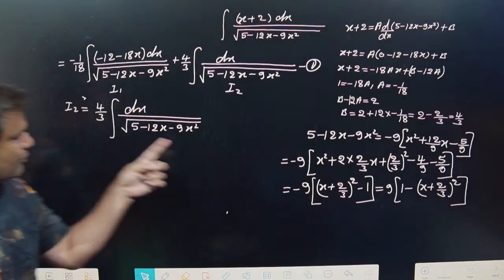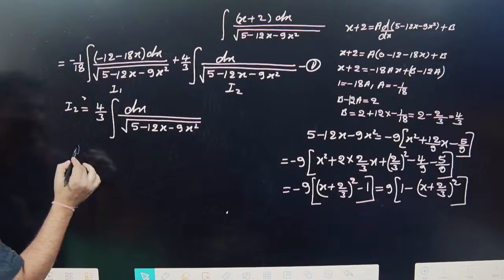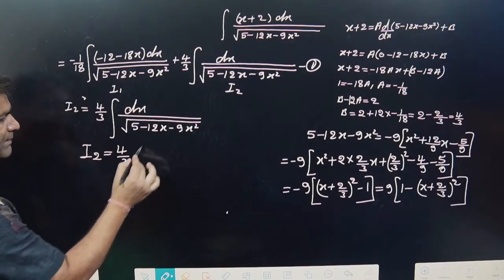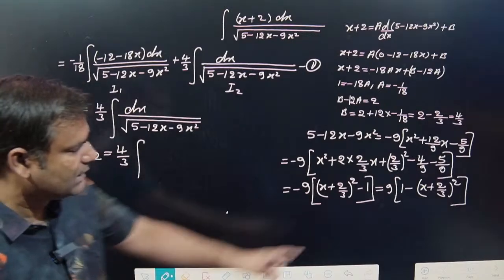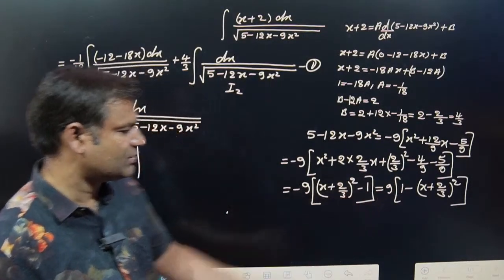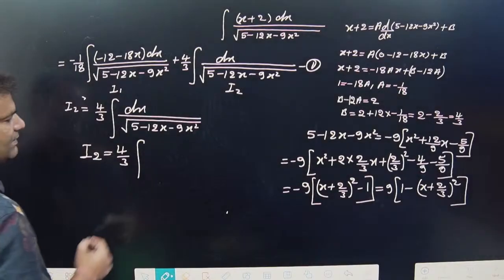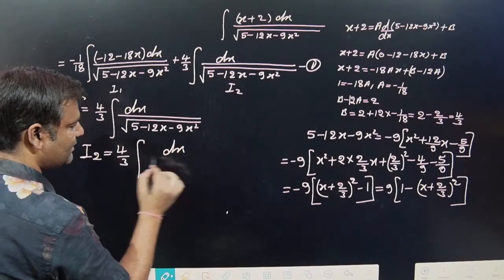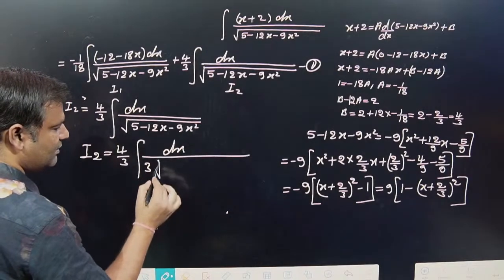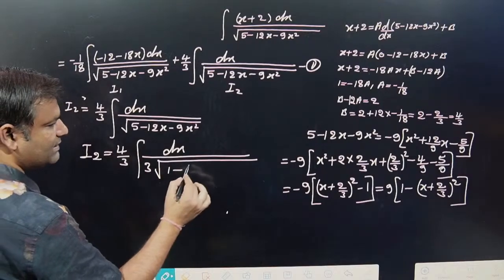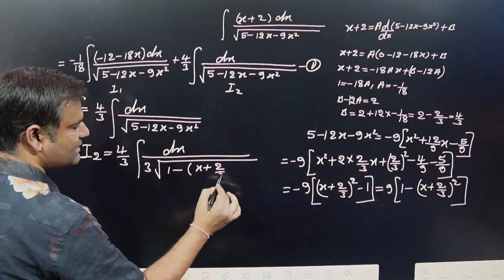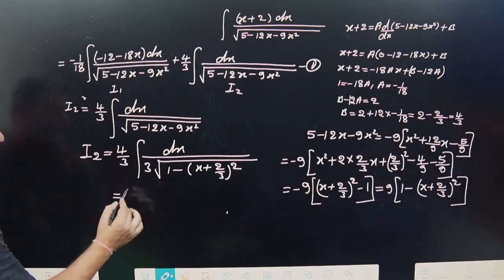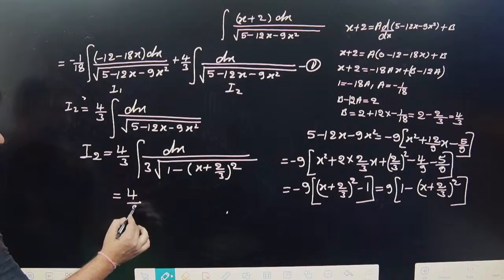If that value is put here, then I2 is 4 by 3 times the integration of, under root 9 meaning 3 under root, so this one is written dx divided by 3 under root 1 minus x plus 2 by 3 to the whole square. So you can say 4 by, 3 into 3, that is 9.